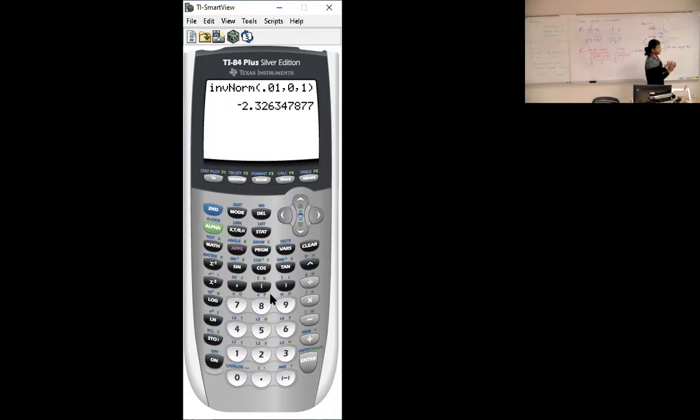Now, the p-value in this case is different from the example we did last week, because that was a right-tail test. This is a left-tail test. For a right-tail test, the p-value is the area above the test statistic. For a left-tail test, it is the area below the test statistic.